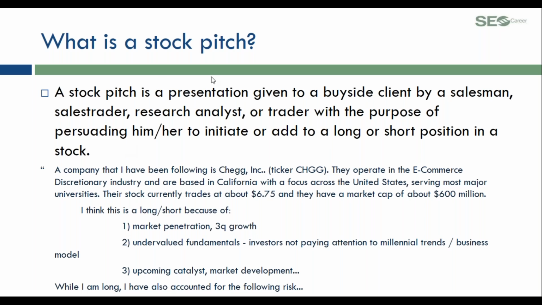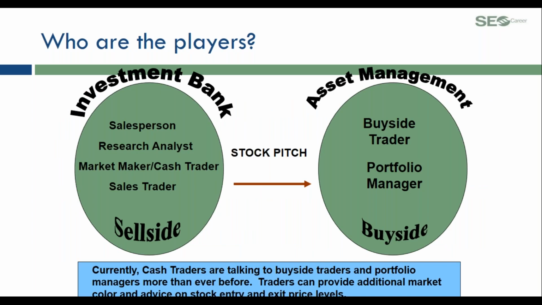about something that you are paying attention to. So I just put together a brief minute or two high-level example. When you think of a stock pitch, you're pitching a stock in front of traders on the desk. This is what you want to say. You want to start with an overview of the company: say you've been following this company, give a ticker, tell what the industry is, maybe where they're based, what their market is, where the stock is, and what that is relative to the market cap space.